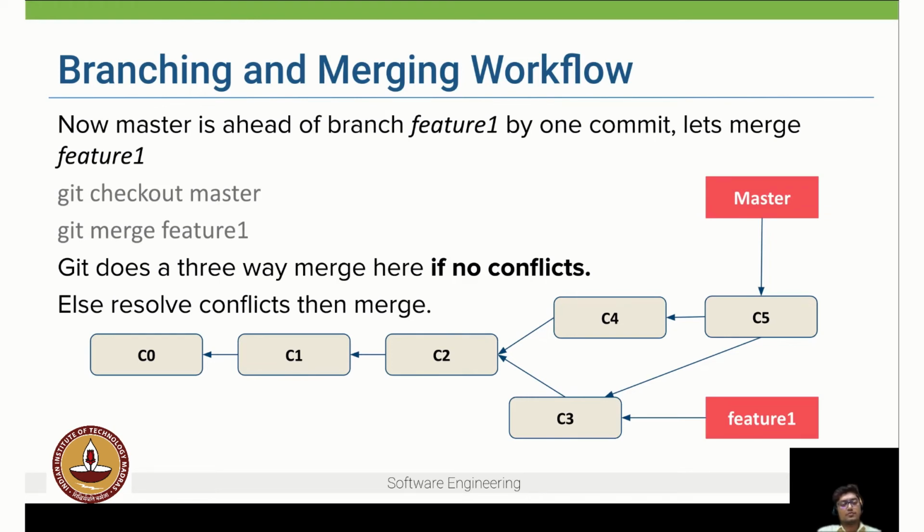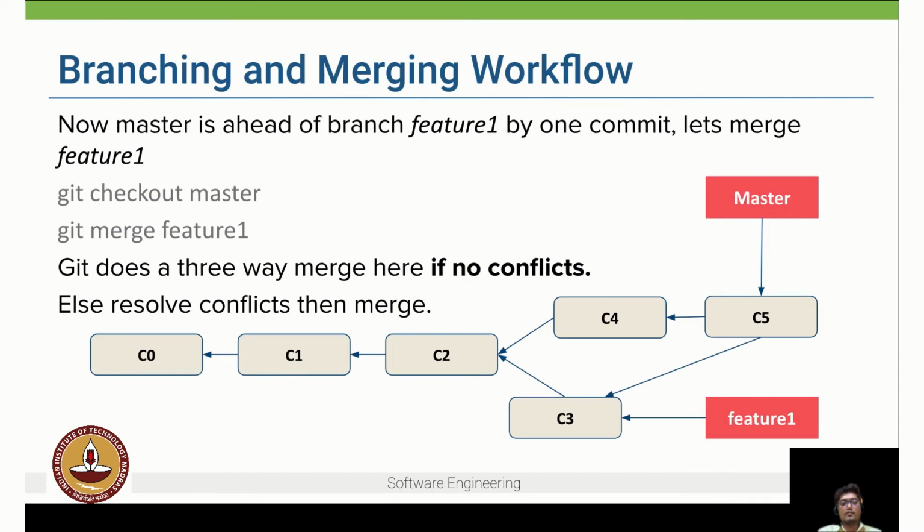You switch back to your user story task. You make more changes and then you merge feature 1 to master using the commands git checkout master, git merge feature 1. In this case, Git will do a three-way merge if there are no conflicts. Else, we will have to resolve the conflicts and then do the merge.